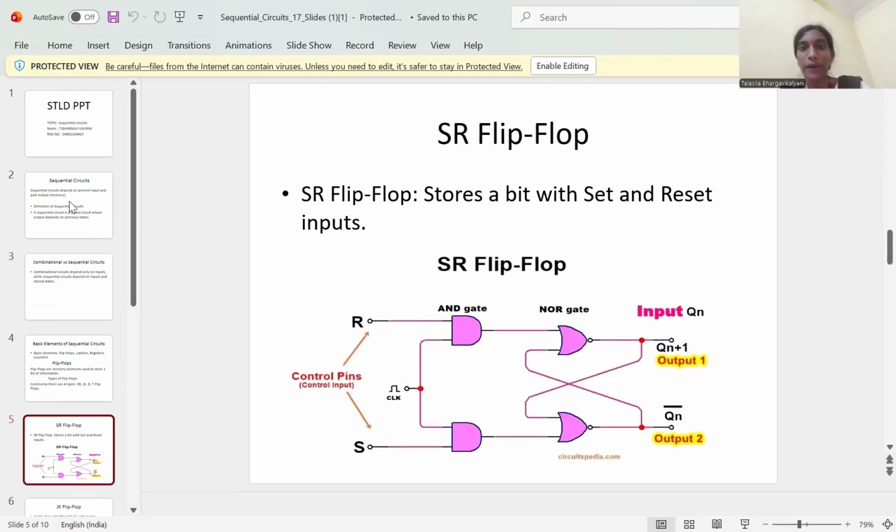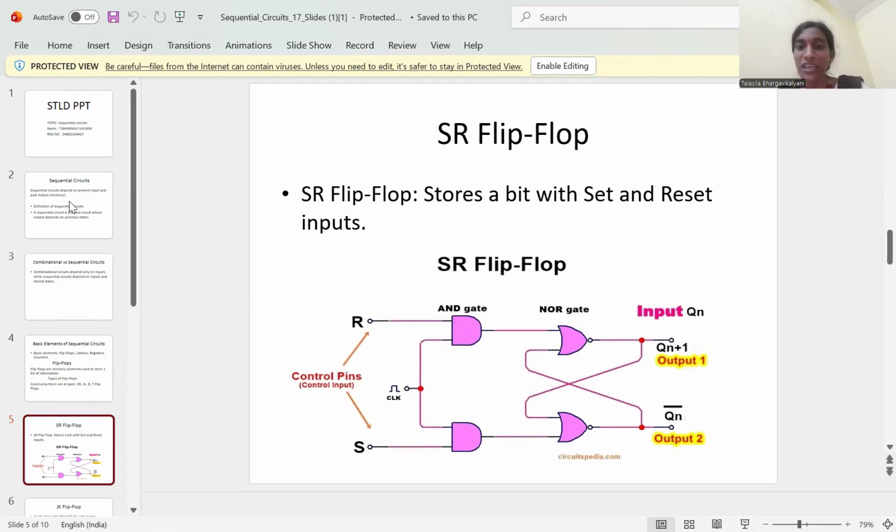Now let us talk about SR flip-flop or set and reset flip-flop. Here S and R are the inputs and we give another input called the clock pulse. And I forgot to discuss another thing. There are two types of sequential circuit.